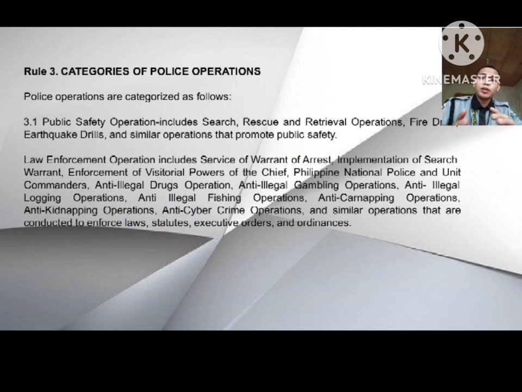So law enforcement operation focuses on enforcing the law and maintaining peace and order.